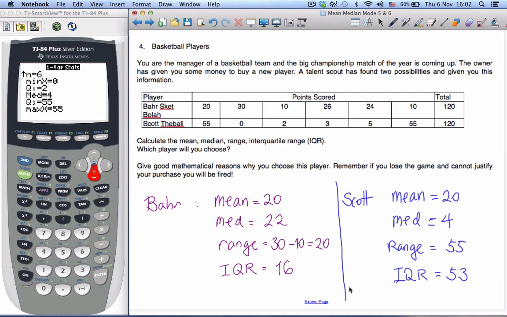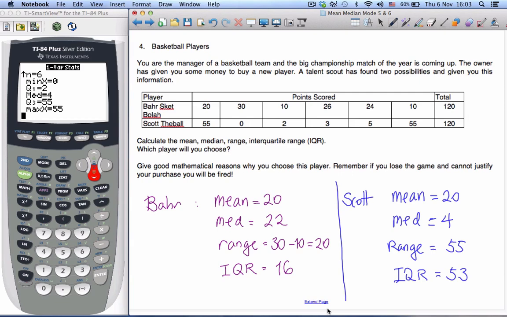All right. So who are you going to go for here? There are obviously 2 different ways of thinking about it. As a manager, you can expect the basketballer to score about 20 points each game, maybe up and down, plus or minus a few points here and there.